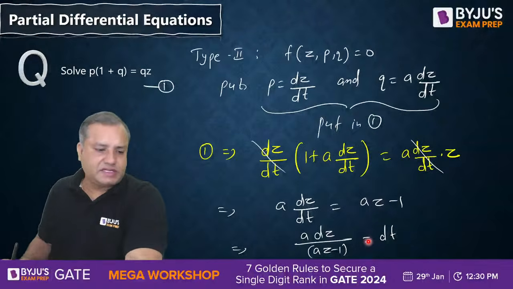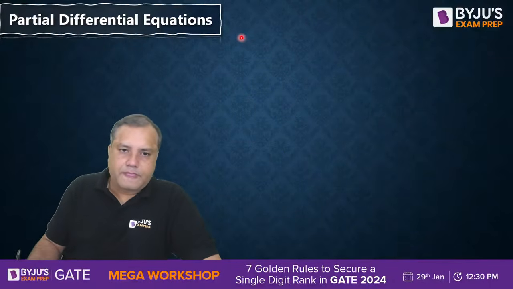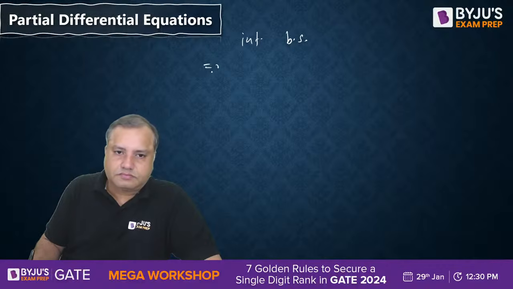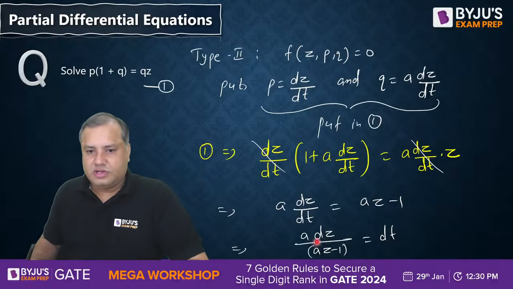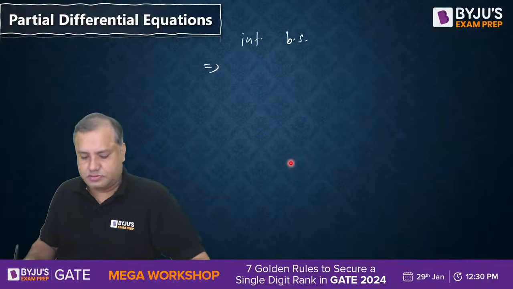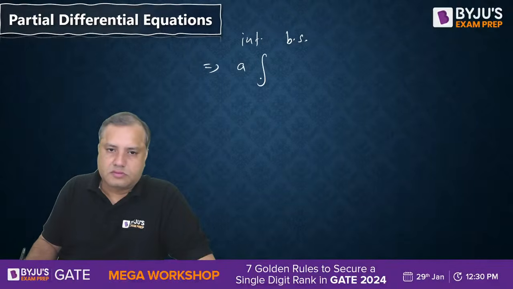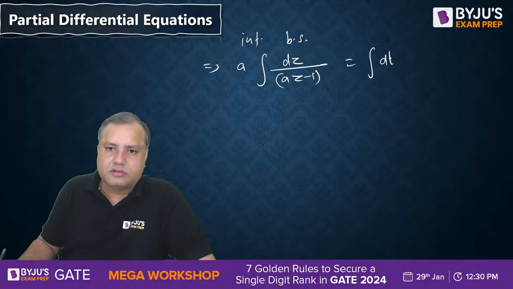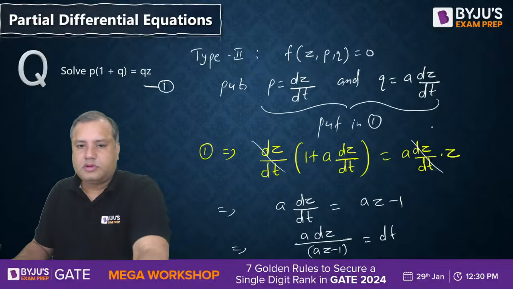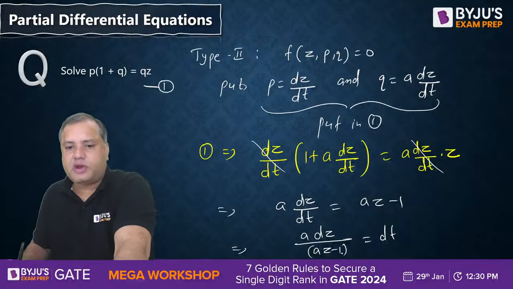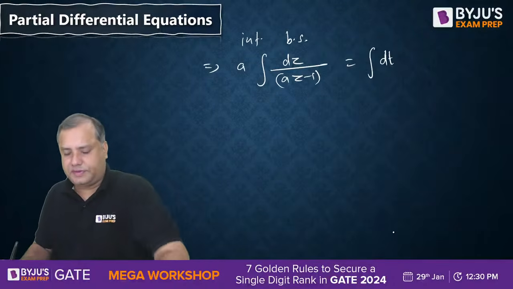Integrate both sides. So a is out. dz upon az minus 1 equal to dt.